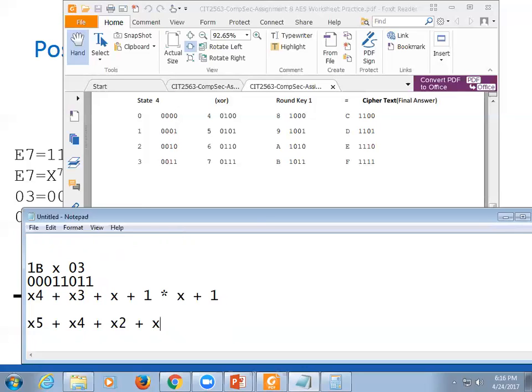Is that all of the x? So does that one totally finish now? Yeah. So that's 5, 4, 2, and x. Plus x to the 4, x to the 3, plus x plus 1.